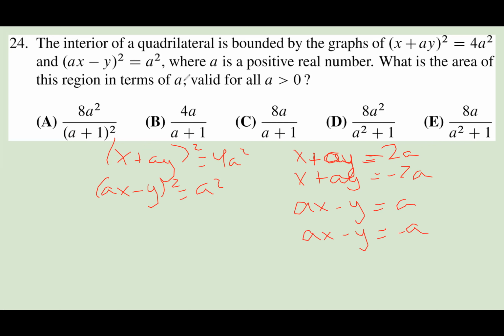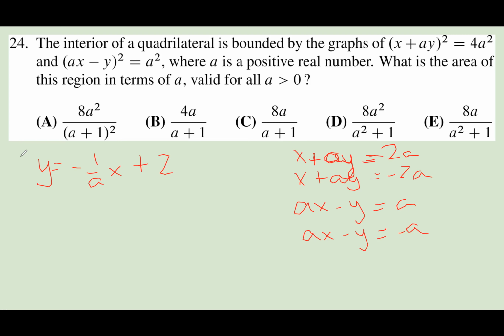If we could somehow simplify them a little bit more to have them in the form y equals, right, that would definitely help to understand what these look like. So if you do that, you end up getting the following. For the first one, y equals negative 1/a x plus 2.